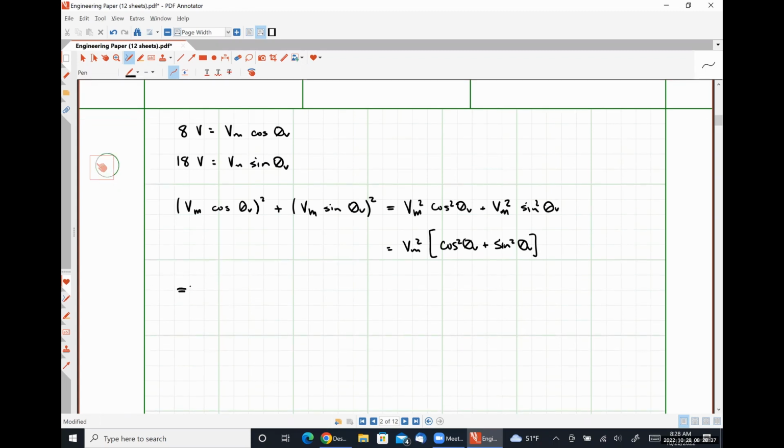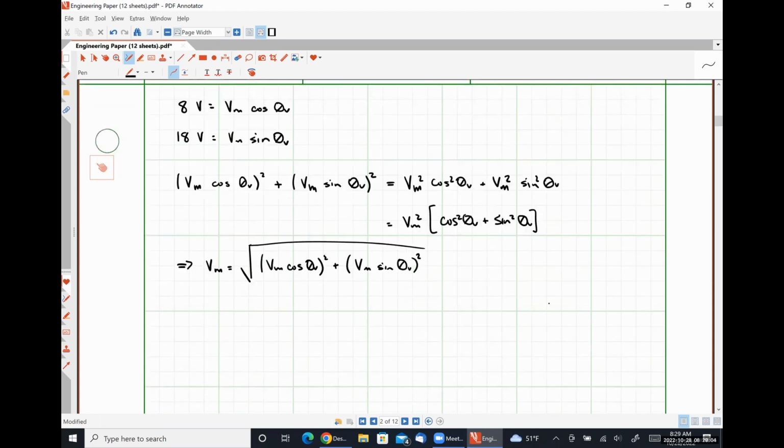So from this, I could say that my magnitude, Vm, is the square root of Vm cosine theta v squared plus Vm sine theta v squared, which is just going to be the square root of 8 volts squared plus 18 volts squared.